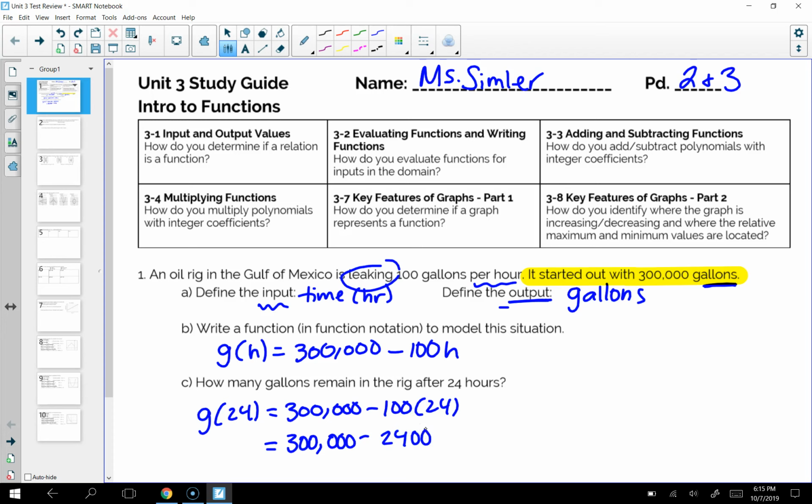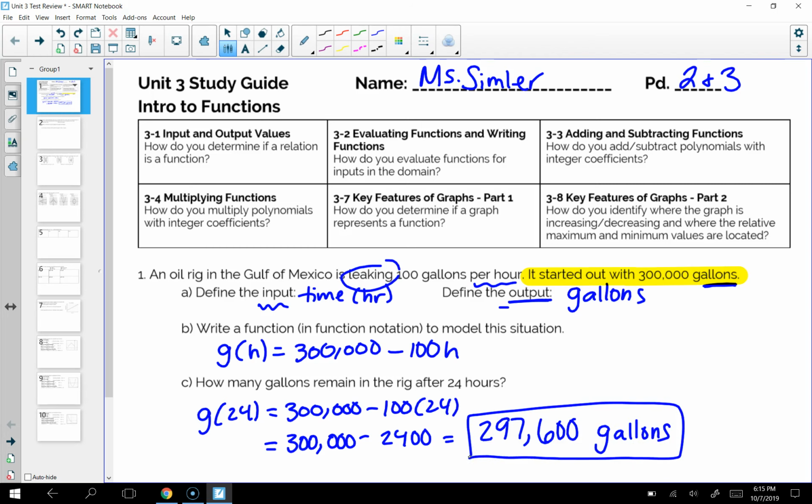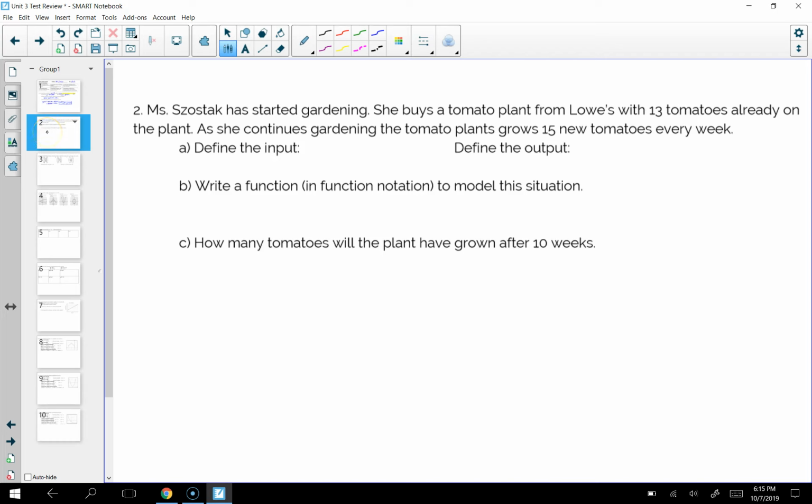And then 300,000 minus 2,400 is going to be equal to 297,600 gallons. So that's how much is left after 24 hours. All right, moving on. Number 2.